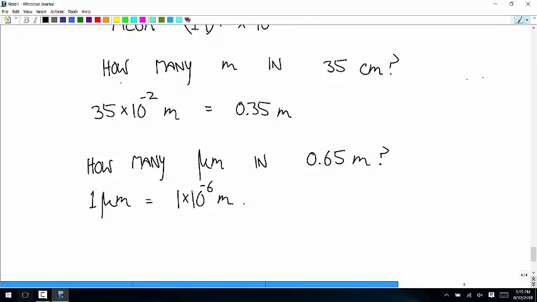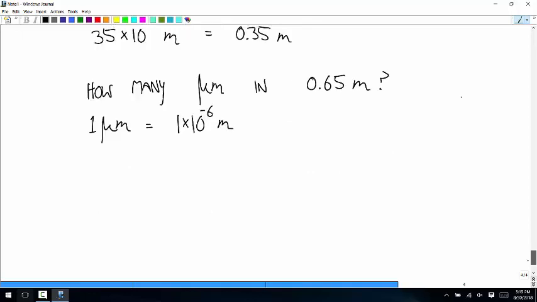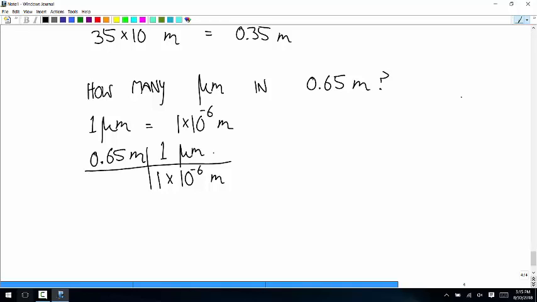And then just do it as a unit conversion. So we'll start with 0.65 meters. Our unit conversion has 1 times 10 to the minus 6 meters in the denominator and 1 micron in the numerator.